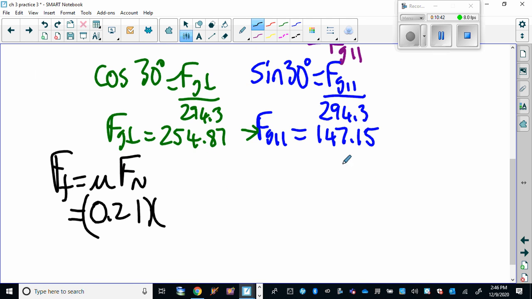So we can use the Fn that we calculated previously. That will give us a frictional force, 0.12 times 254.87, which gives 30.58.